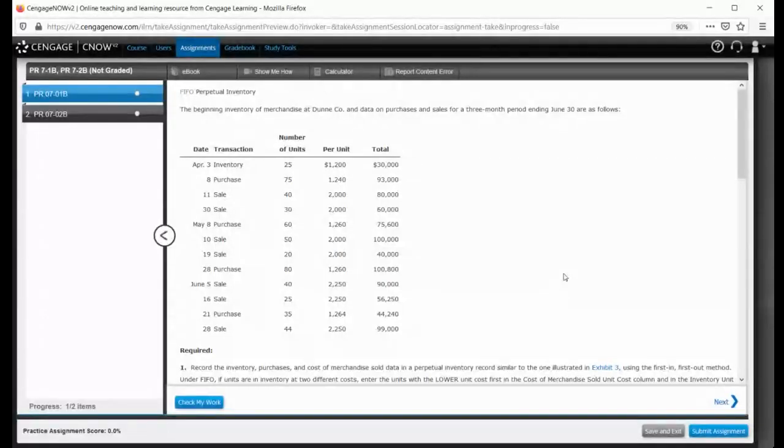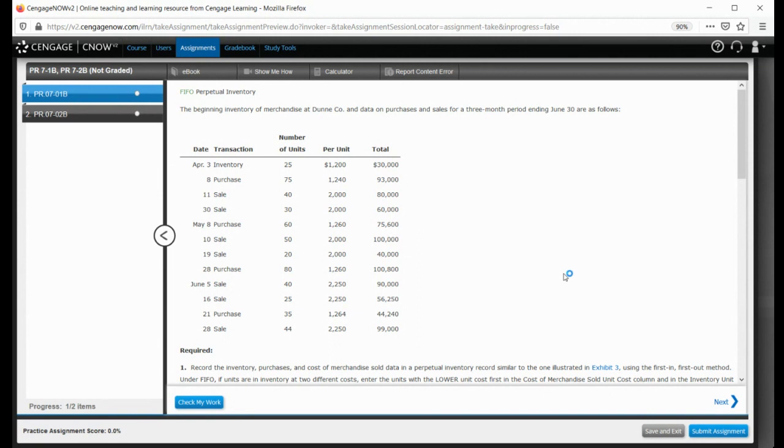As you can see now on your screen, I have pulled up problem 7-01b. And what they've given you here is some information about some inventory that you have purchased. This inventory are identical units of inventory.